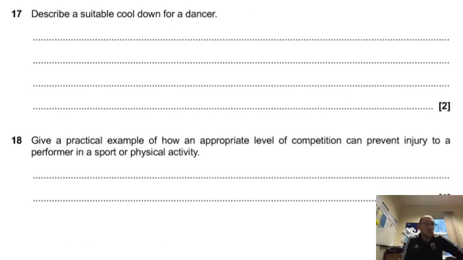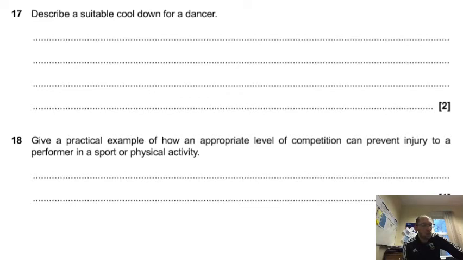Number 17. Describe a suitable cool down for a dancer. The examiner's report. Most candidates were able to describe suitable purpose, lowering and stretching exercises for a dancer's cool down. Some responses only described one exercise, either stretching or low intensity movements.